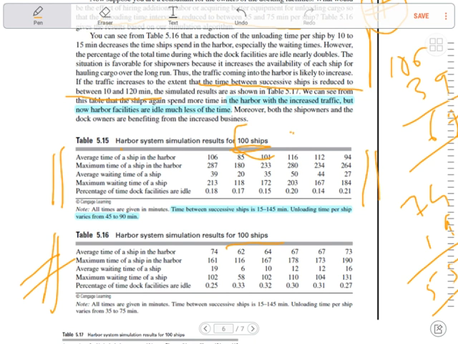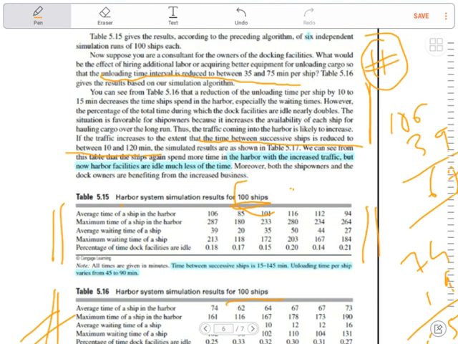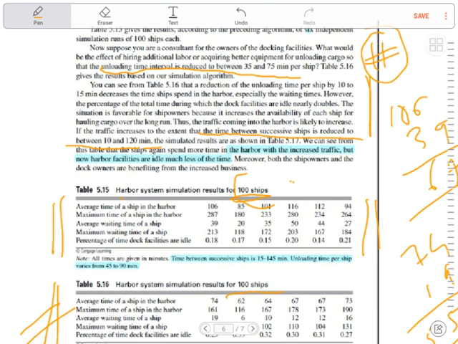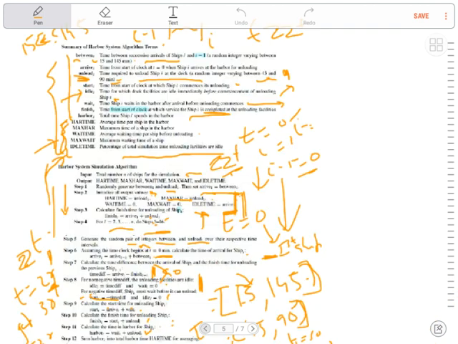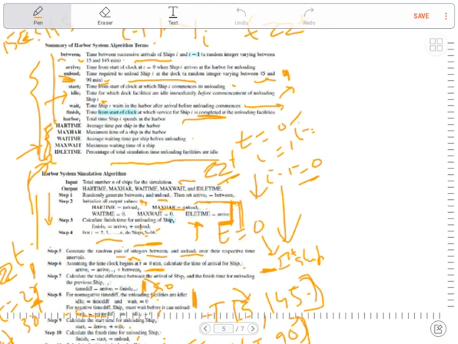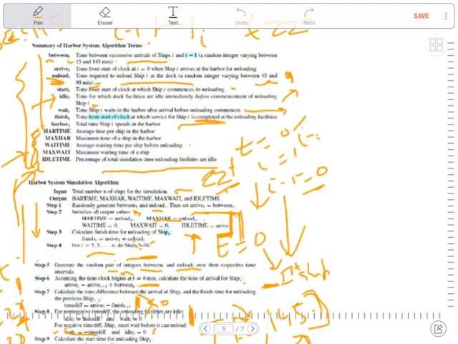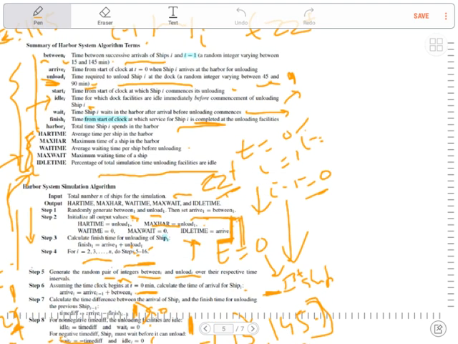If we remember, in our Monte Carlo simulation algorithm, unload I, the time required to unload ship I, was taken to be between 45 and 90. So we generated random numbers between 45 and 90.